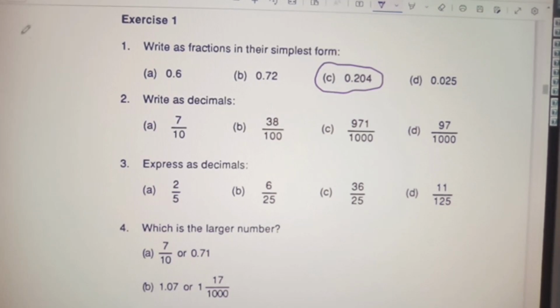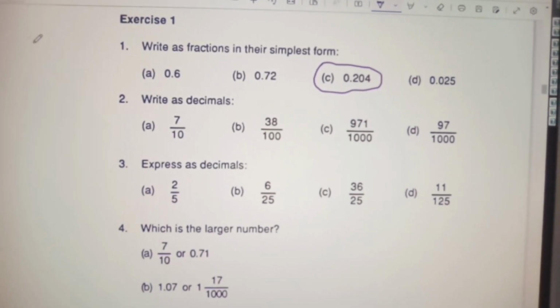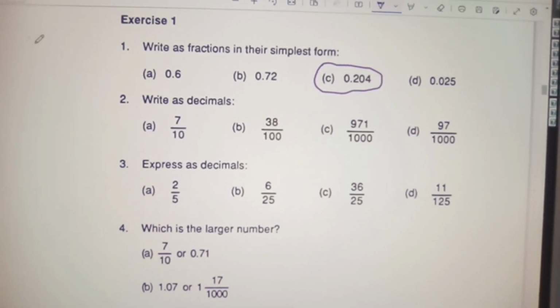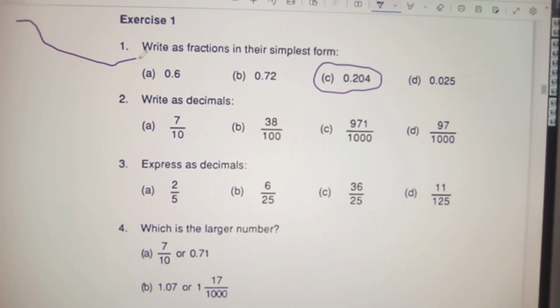So we're converting decimals to fractions, okay? And again, I repeat, we're converting decimals to fractions. And this is the question we're going to be looking at. I'm just going to squiggle on my way across here to show you that we are looking at this question here.